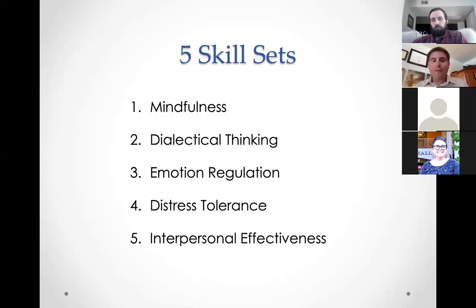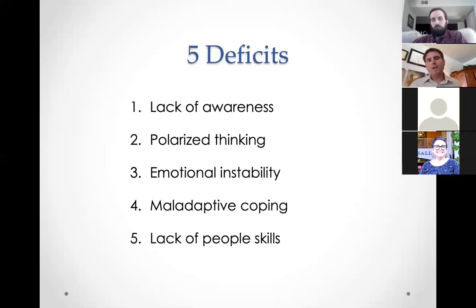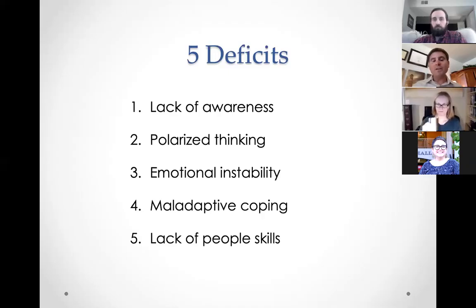So if you think about it, let's actually just go back to this slide briefly. If you think about it, one of the main reasons that Marshall Linehan decided to devote an entire model to skills work is because if you have these deficit areas, guess what? You don't even have the skills to do counseling, much less anything else in life, right? You think about it, traditional talk therapy requires that you have some level of functionality in these areas, right?